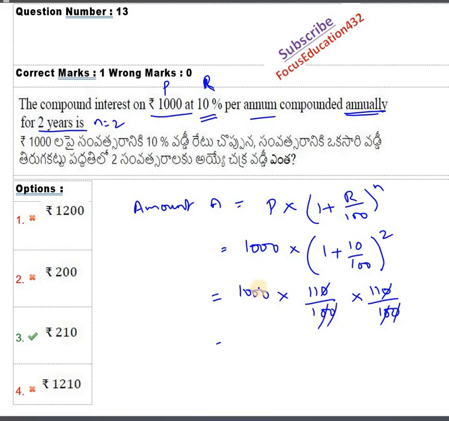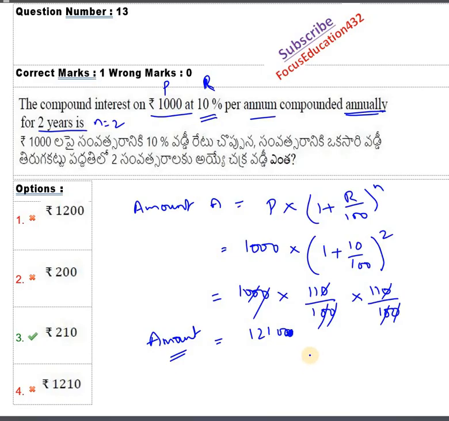These 2 zeros gone with the other 2 zeros. So what is remaining? 10 into 11 into 11. 11 11s are 121. 121 10s are 1210. What is this? This is the amount. This is not the answer. Don't confuse, otherwise we will lose.